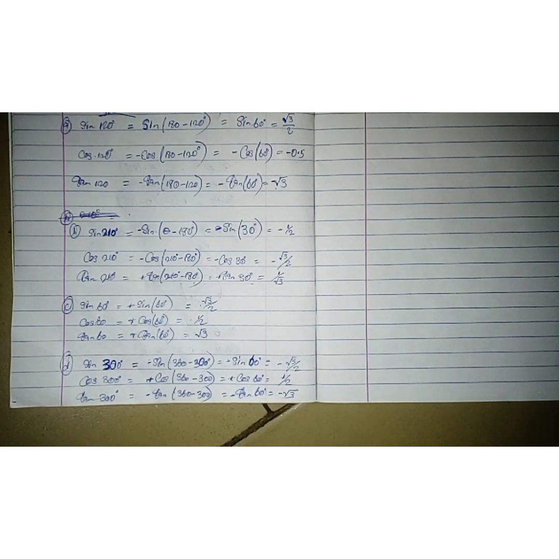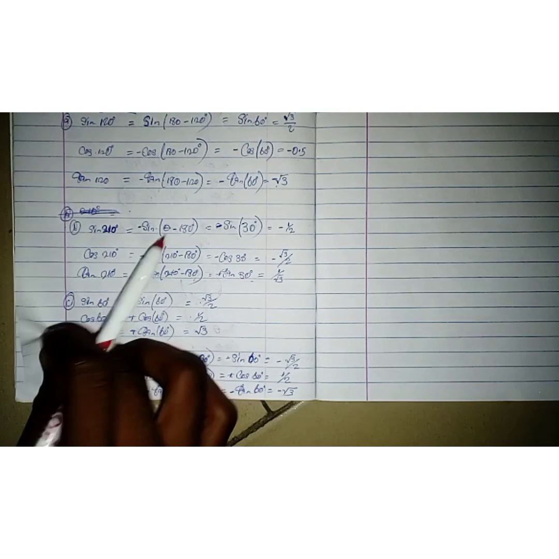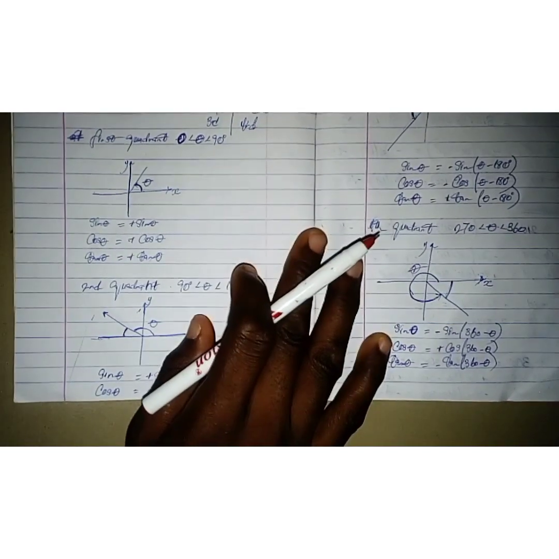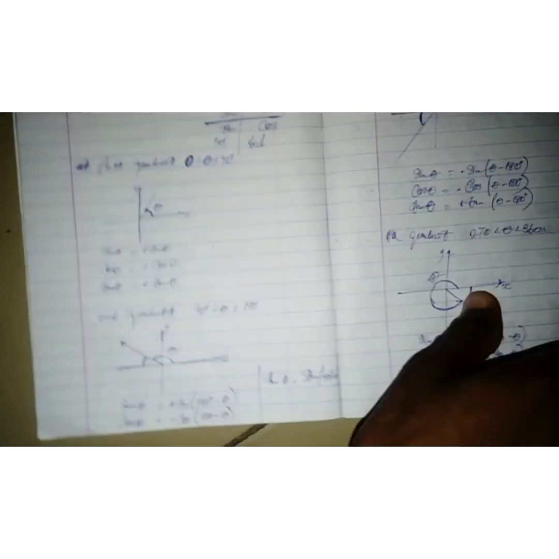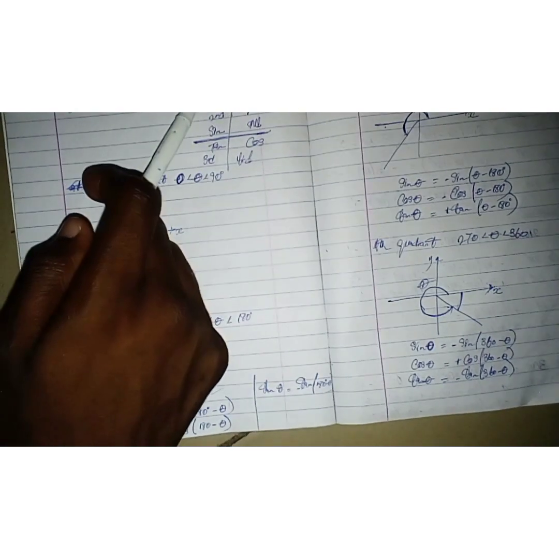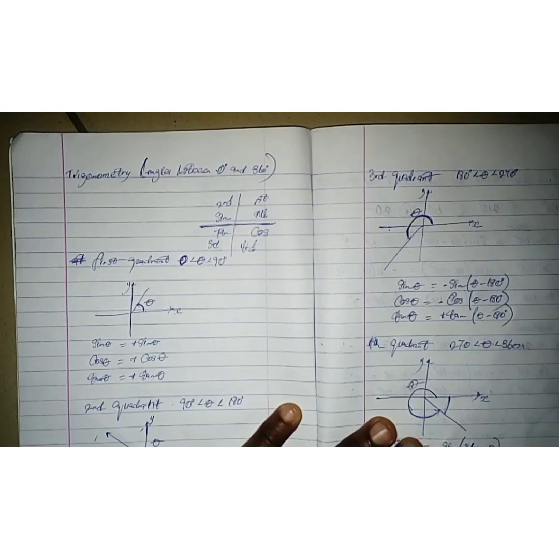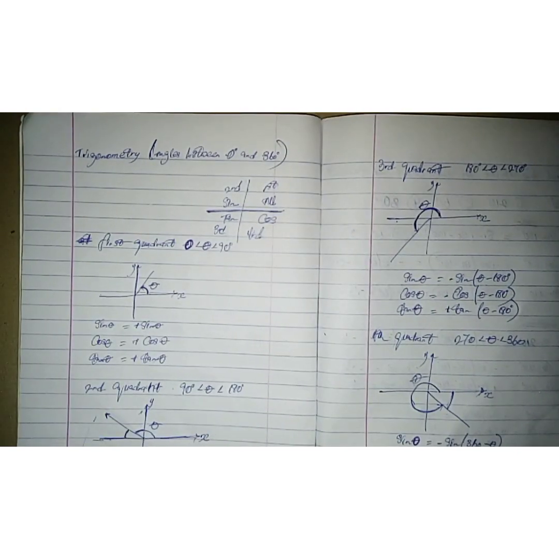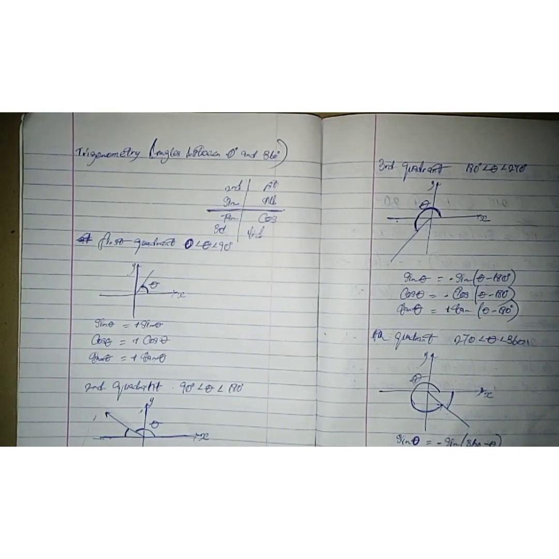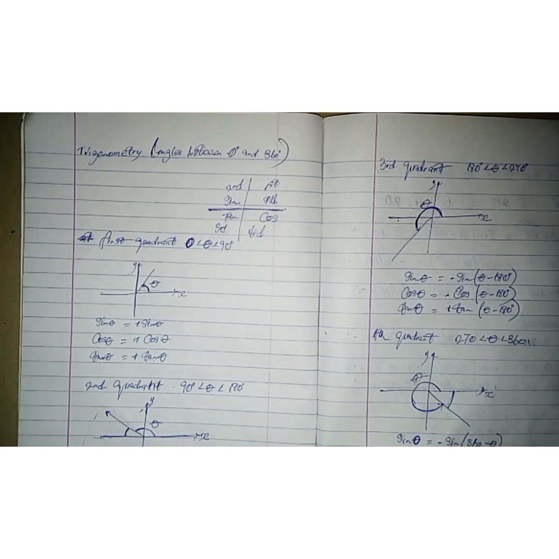I've done some work on trigonometry, the basics, especially for angles between 0 degrees and 360 degrees. I will do more. I'll talk more on trigonometry maybe sometime from now.